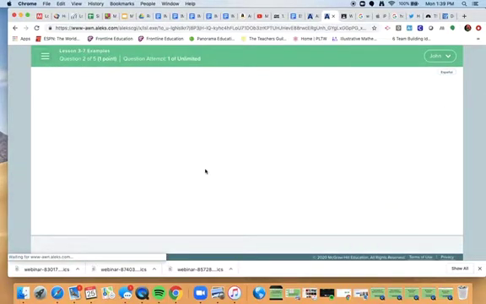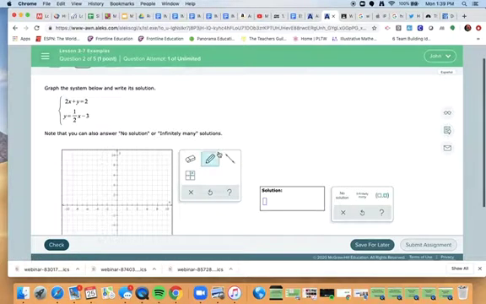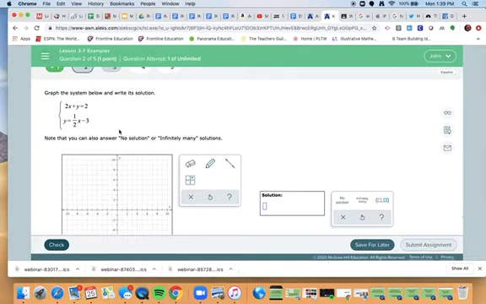Let's try one more. Okay, so for this example, it's kind of the same thing, except they put the standard form on top and they put the slope-intercept form on the bottom. So for the standard form, let's just go top to bottom. Let's make y equal to 0 so we can figure out what our x-intercept is. That leaves us with 2x equals 2, which means x must equal 1.